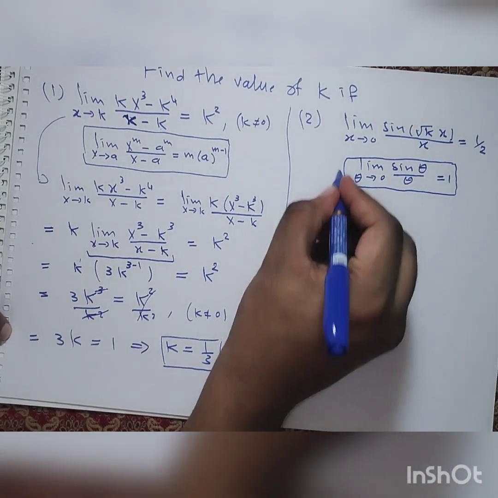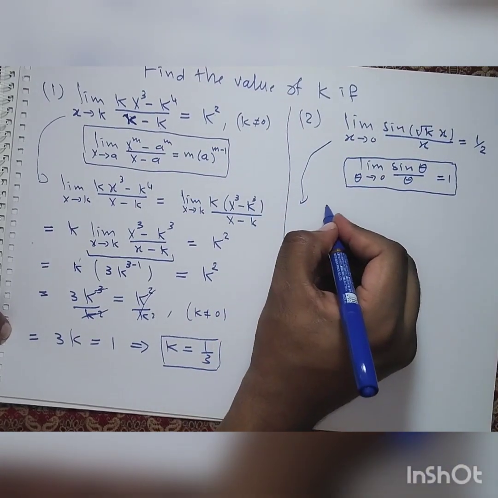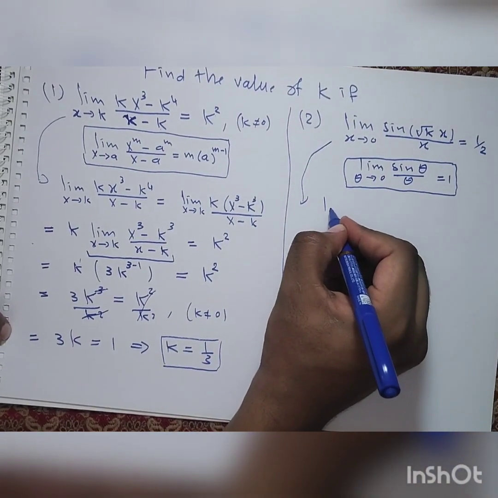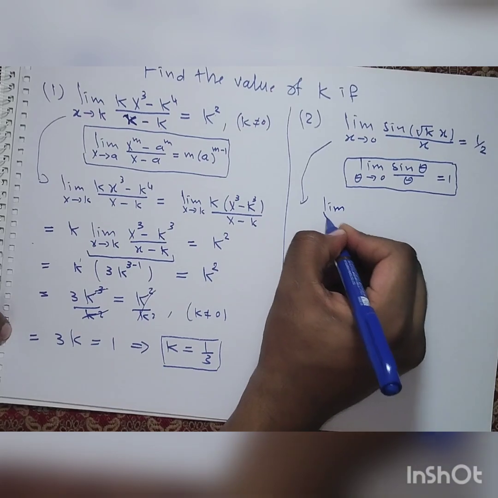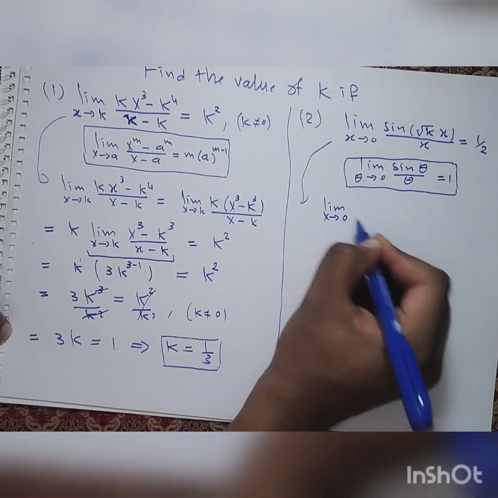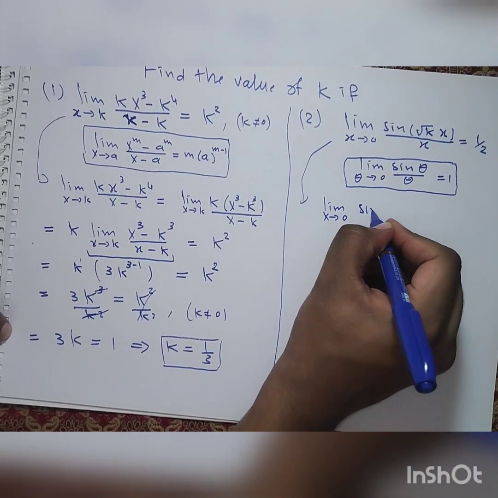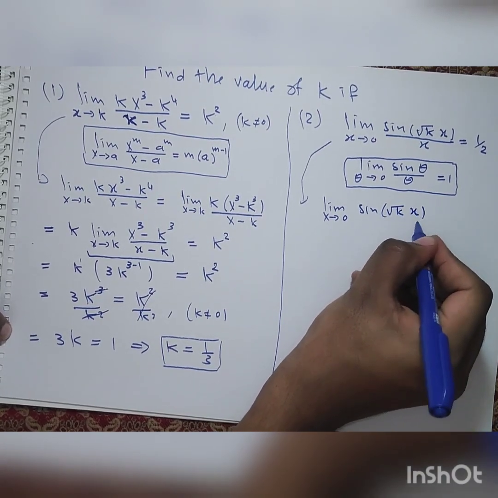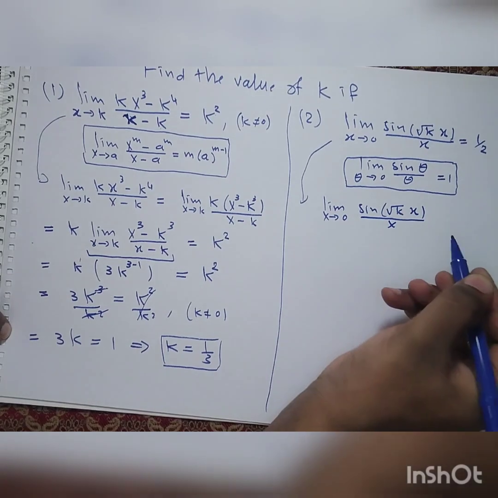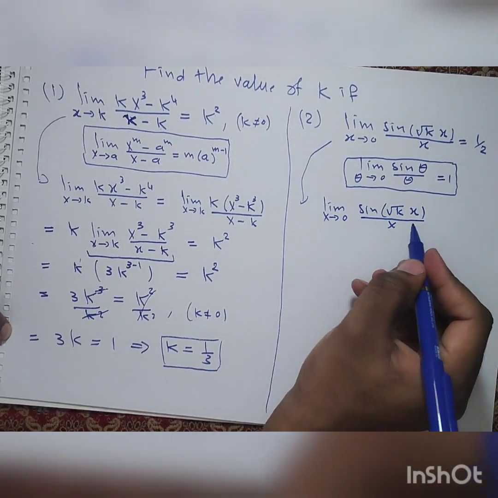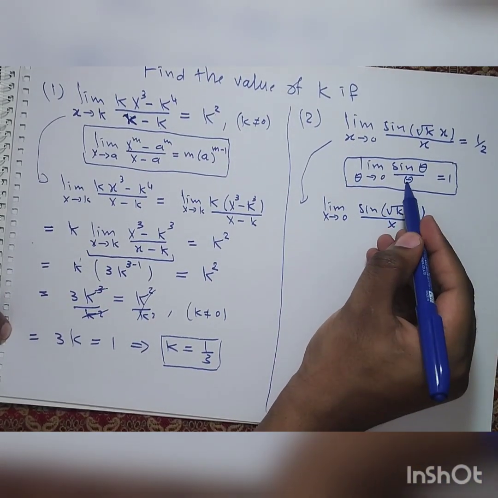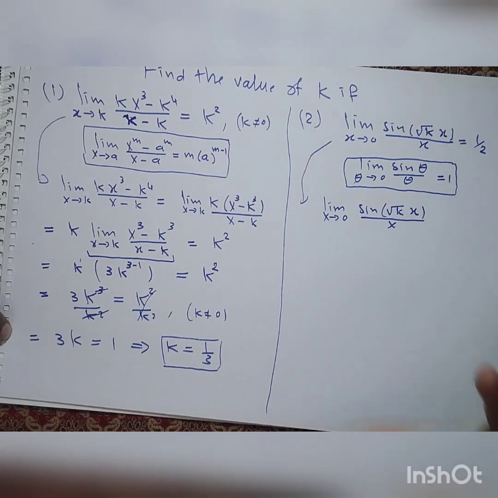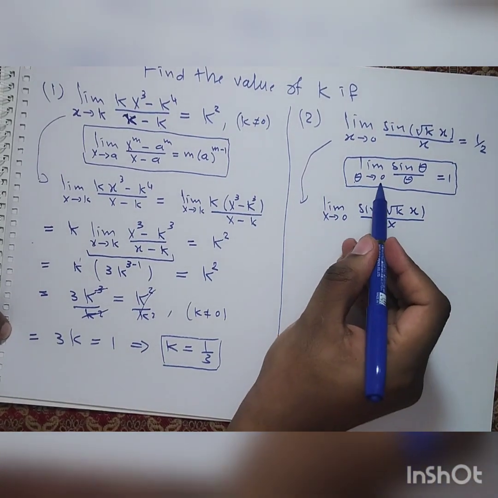Now we rewrite it again similarly as we did. Here we have limit as x approaches 0 of sine radical k times x, everything divided by x. Now look here, we have theta and we have theta, and this angle approaches 0.